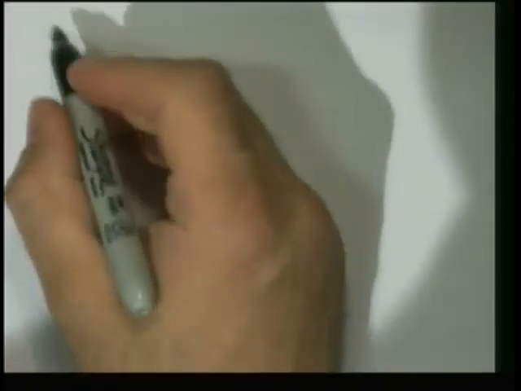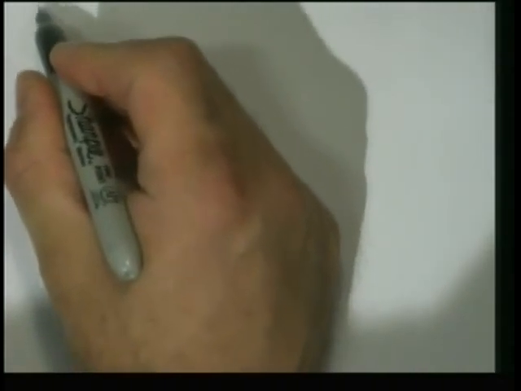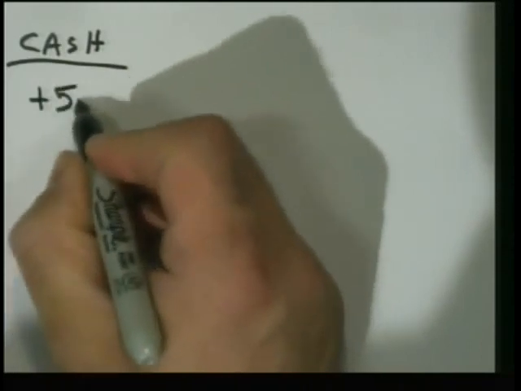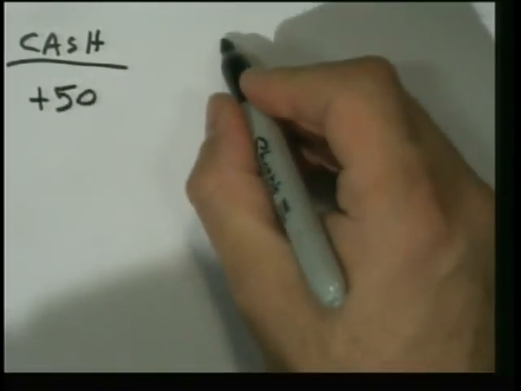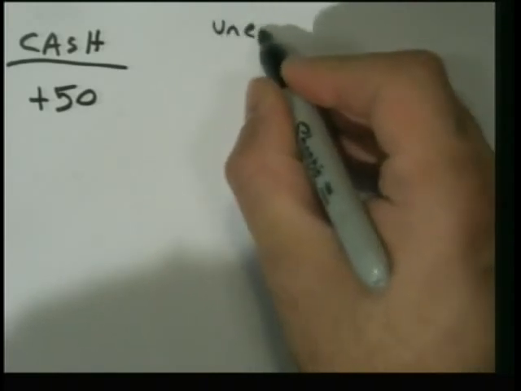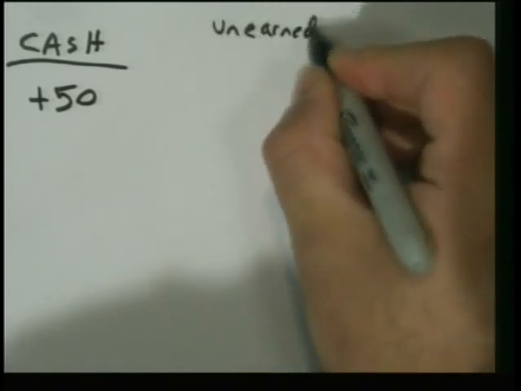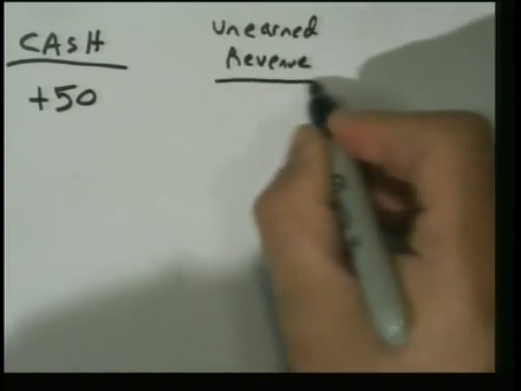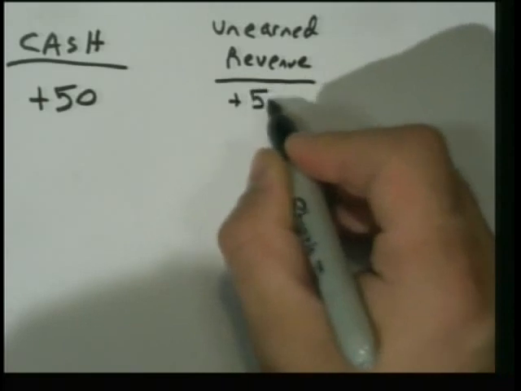Well, on Jake's accounting records, and if we were doing the transaction analysis, how would we record that? Well, I'll show you. We would say cash for Jake went up by 50, correct? And then we would have an account called unearned revenue that would also go up by 50.